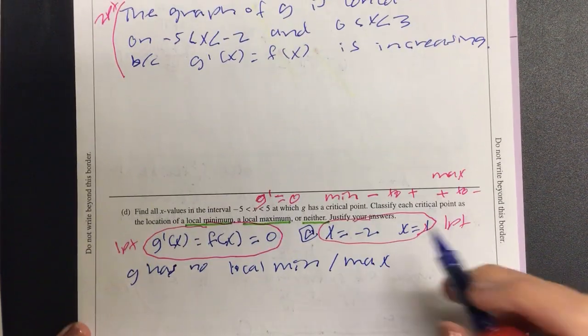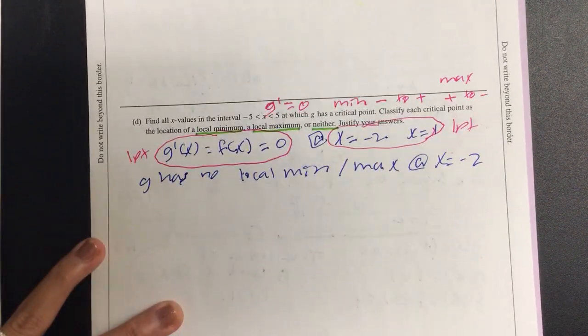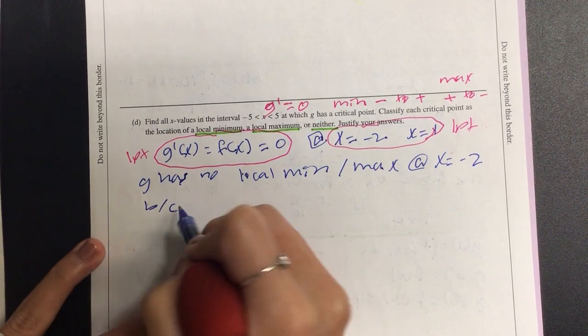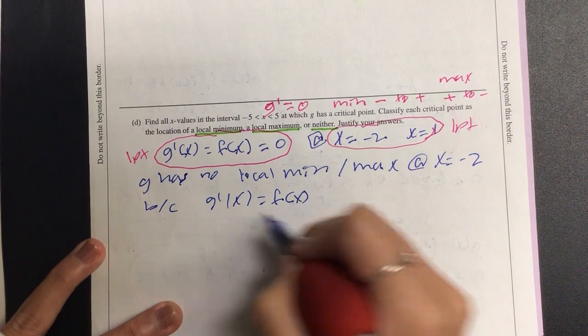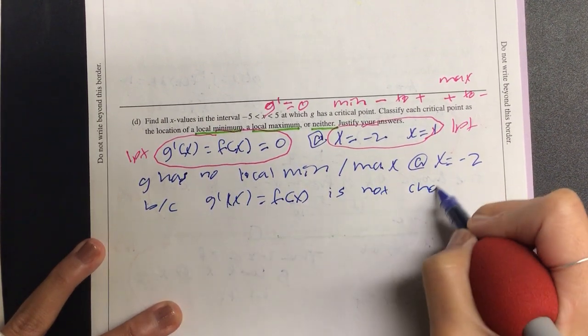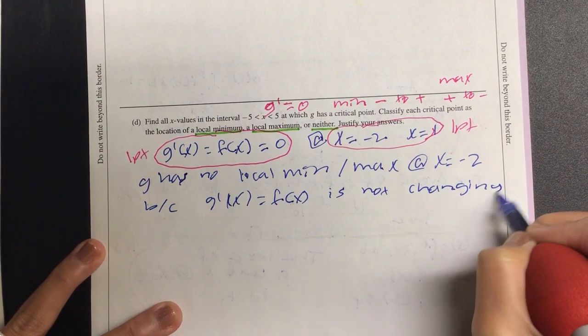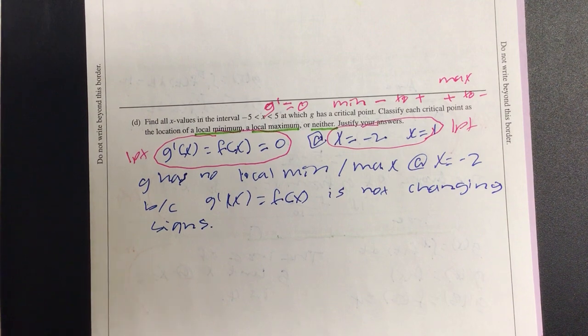At which point? -2. At x equals negative 2, and you have to reason it. And the reasoning is because g prime of x, which is f of x, is not changing what? Sign. Good. Is not changing sign. Hopefully if it's singular or plural, they're not that picky.